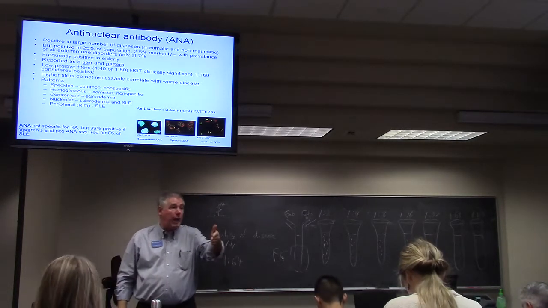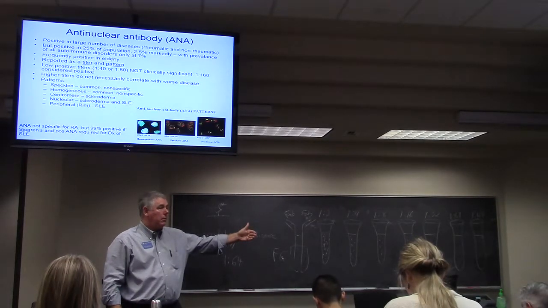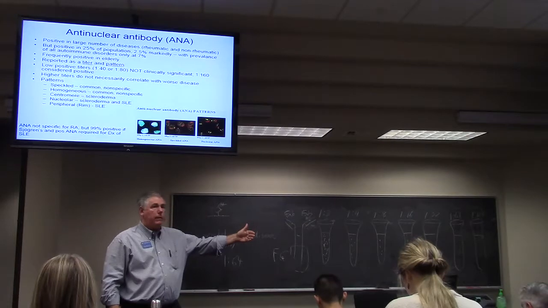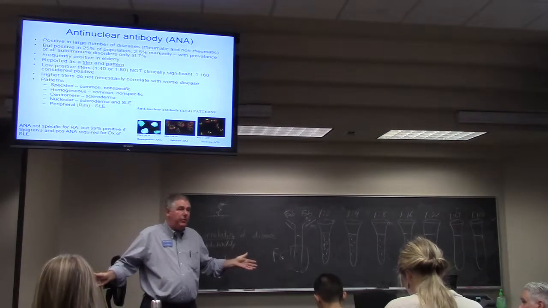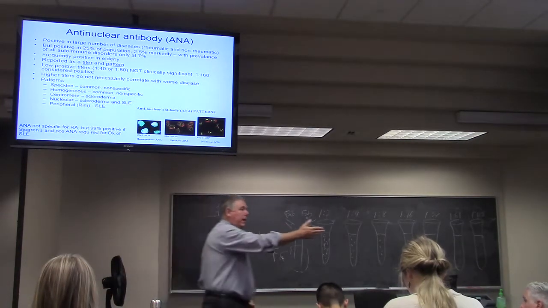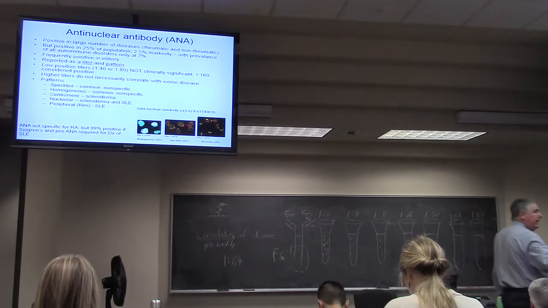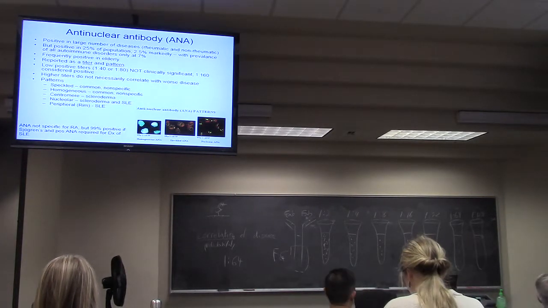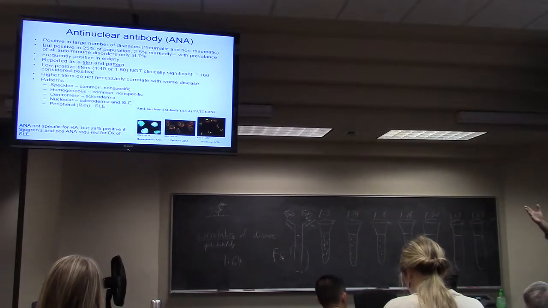So if you have a low titer and a homogeneous pattern, it means you essentially have a negative ANA for any particular disease. So in Zane over here, if his RF was negative and his anti-CCP was negative, and he had a negative ANA titer and a homogeneous pattern, for example, he doesn't have a connective tissue disease.